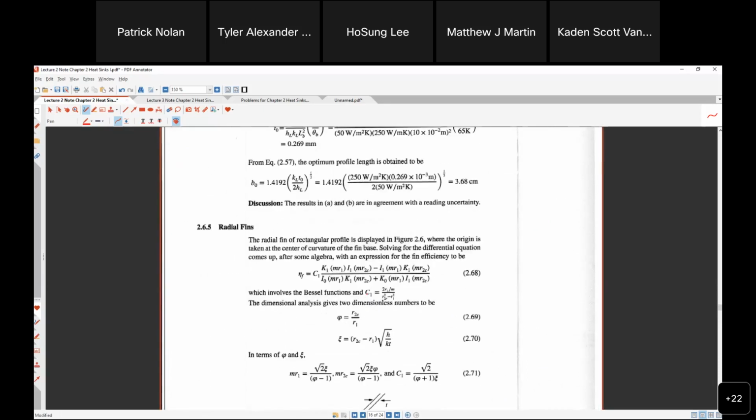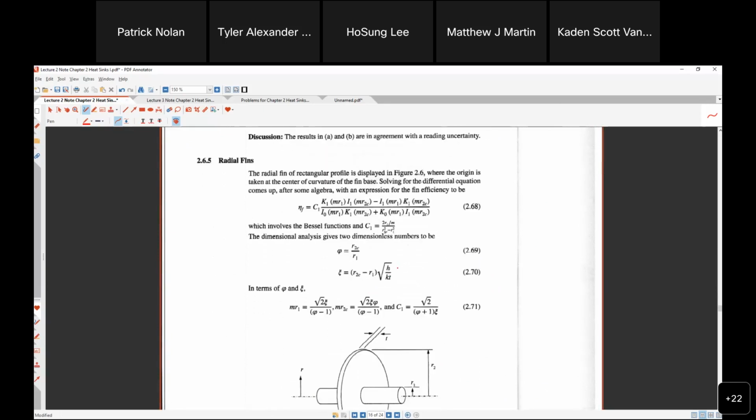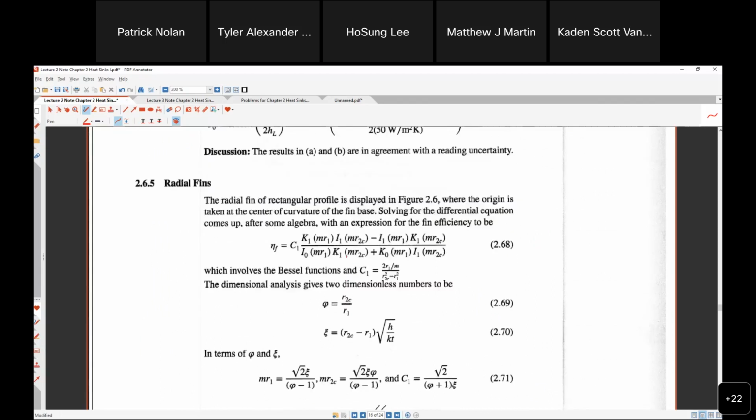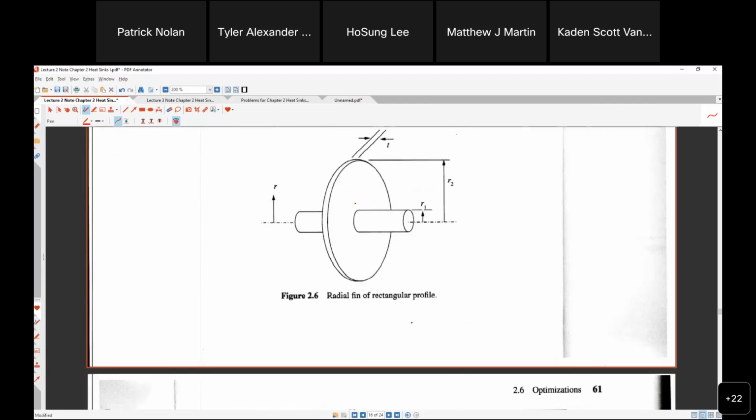Radial fin. Okay. So radial fin, where is the radial fin? Yeah, something like that. This is another configuration.